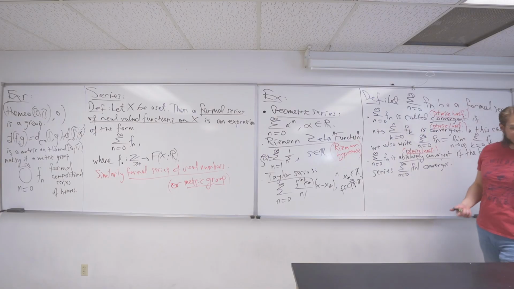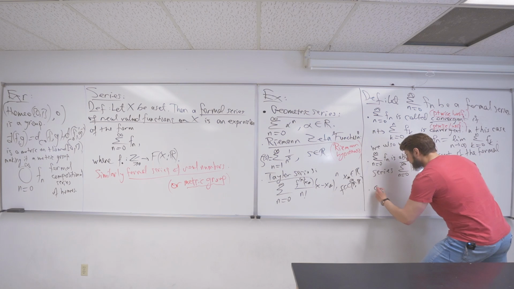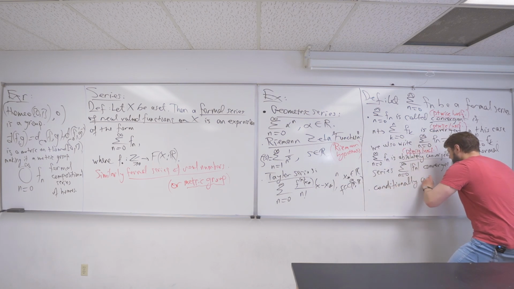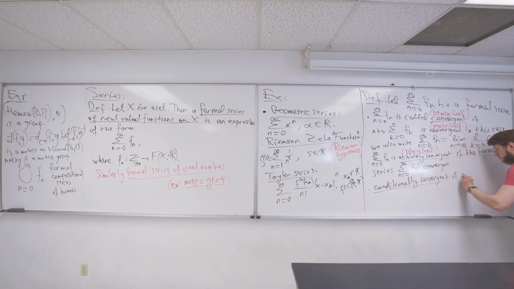Sometimes you might see the phrase conditionally convergent if you have a formal series that is convergent but not absolutely convergent. There are series like this we're going to see later. And in the other case, if none of these happen, you call it divergent.